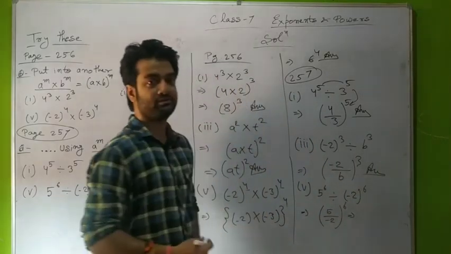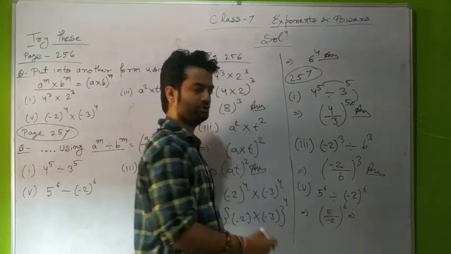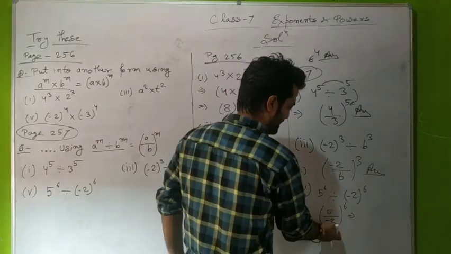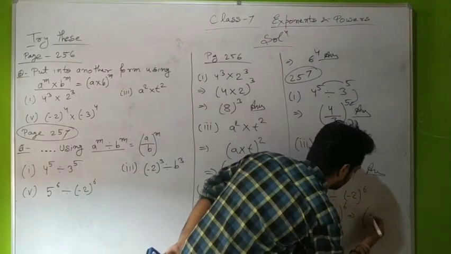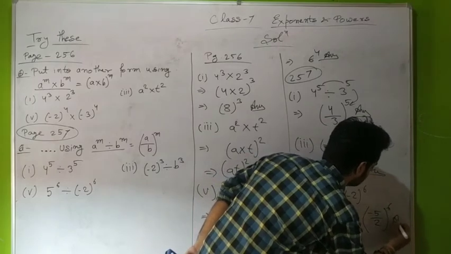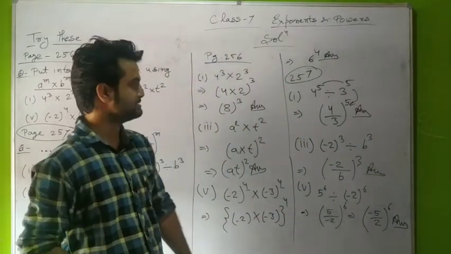But we know that we do not usually write the negative sign in the denominator in our result. So when we multiply the numerator and denominator by minus 1, what do we get? Minus 5 by 2 raised to the power 6. So this will be our answer.